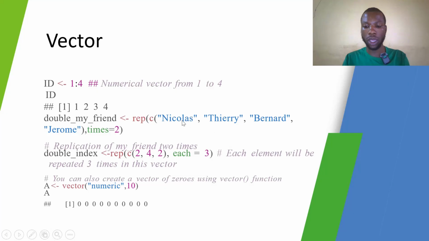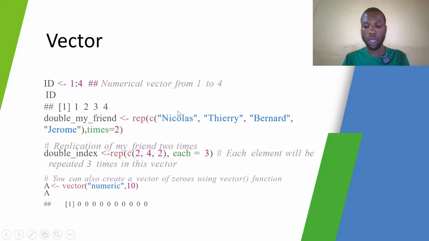And from here, you can also generate a vector by using the replication function. This is what we call rep, or replicate. So we say the name of the object, and then we put equal or the assigning operator, as we have seen.